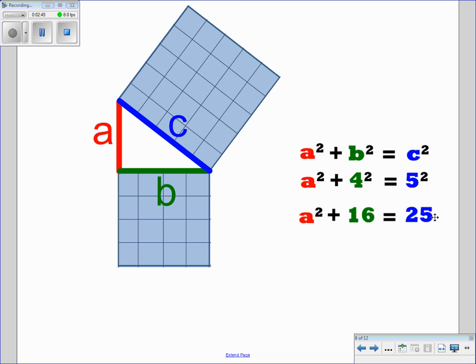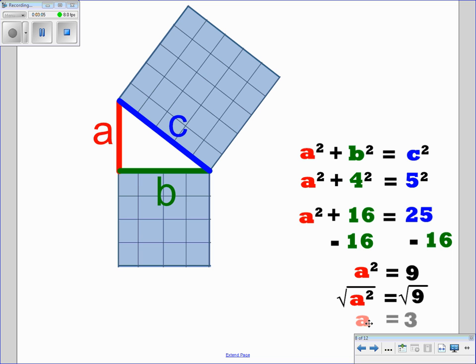Now we have a two-step equation to solve. We have to get rid of the 16 before we can take the square root. To do that, we simply subtract 16 from both sides to give us a squared equal to 9. We take the square root of both sides to find a, and we find that a is equal to 3.